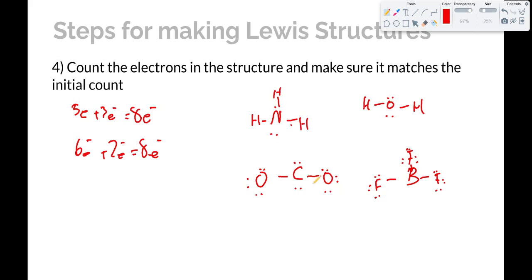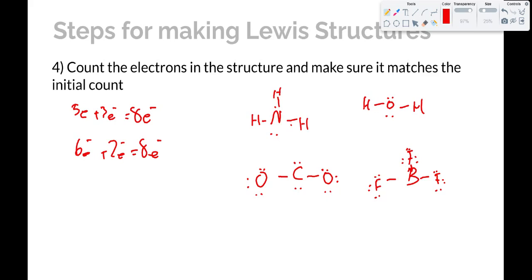Let's do CO2. Each bond is 2, so that's 4 in bonds. And then if I look at the oxygens, each has 3 lone pairs, so that's 6 electrons. So we have 6 for the right-hand oxygen, 6 for the left-hand oxygen. That makes 12 in lone pairs on the oxygens. Plus the 4 from the bonds, that's 16. And then 2 pairs on carbon, that's 4 more.